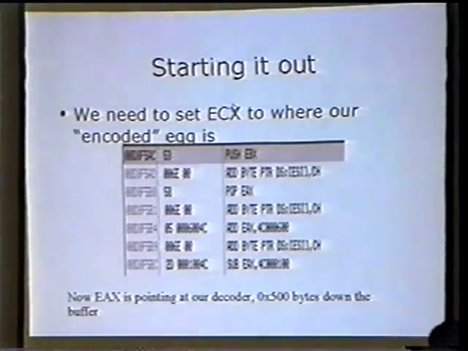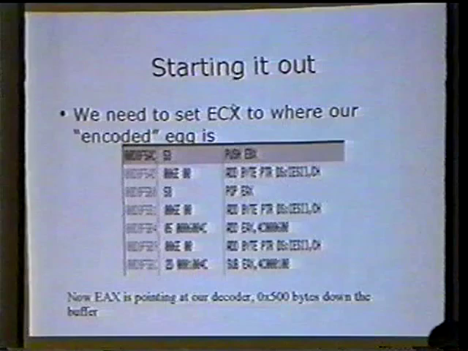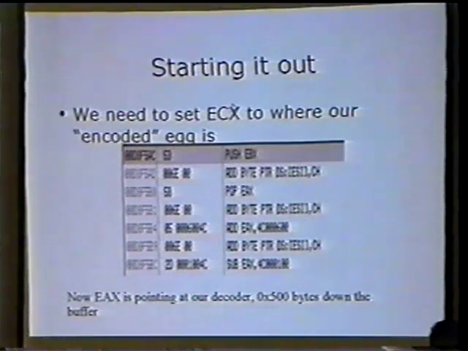And this is how. To set ECX to where your encoded egg is, you're basically going to push it and then pop it. You push EBX because you know EBX points directly to you. You then realign with the 006E00. And then you pop EAX, and that puts wherever you are exactly into EAX.